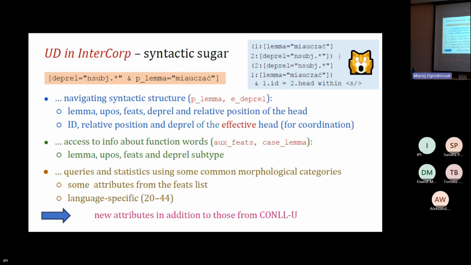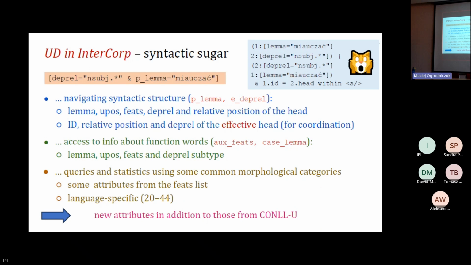Okay, now there is more that we did to integrate UDPipe results into InterCorp. If you want to search for syntactic relations, you usually want to say something also about the head or about the daughter, and it's really hard if you have just the token-based search interface, or corpus manager.